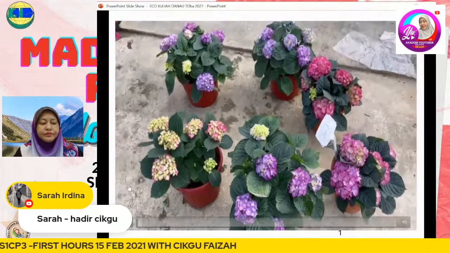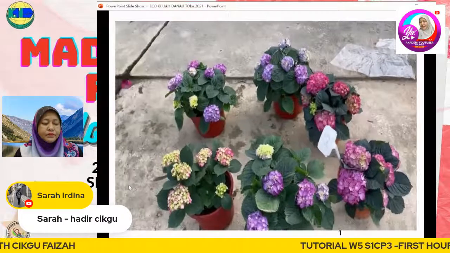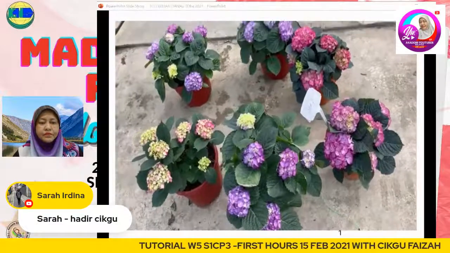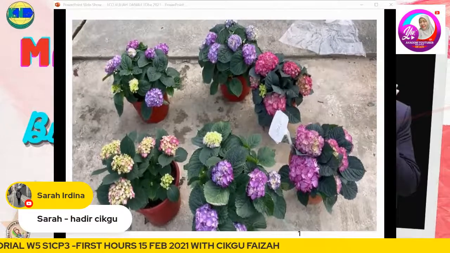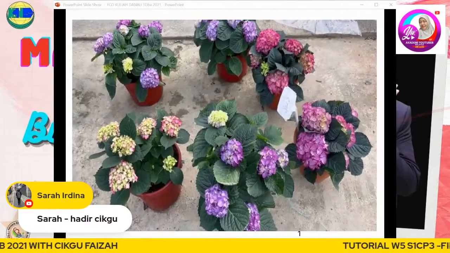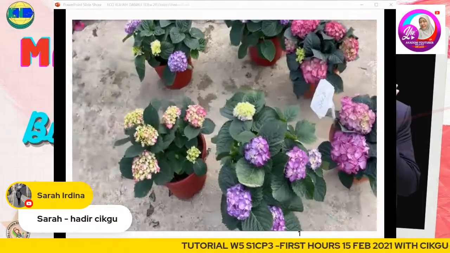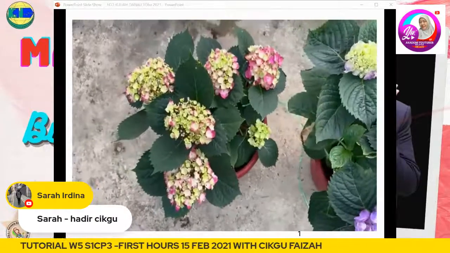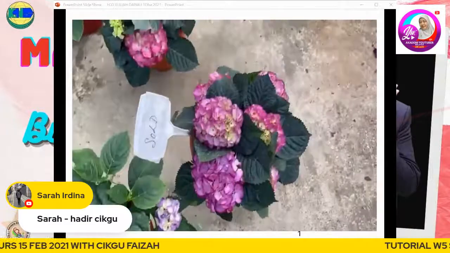Hi guys. Okay, cikgu nak tunjukkan kamu satu situasi yang menarik tentang pokok 3 bulan. Okay, ini adalah spesies yang sama. Pokok spesies yang sama, pokok 3 bulan. Tetapi cuba kamu lihat perbezaan warna pada bunga dia. Ya, pada bunga dia ada yang purple, ada yang hijau muda macam ni Zoom warna ni. Okey, ada yang purple. Okey, ada yang pink.